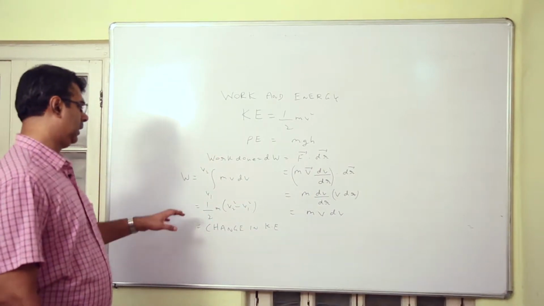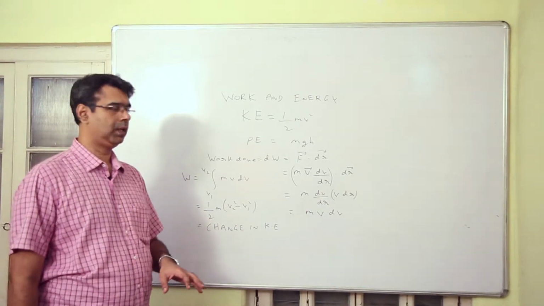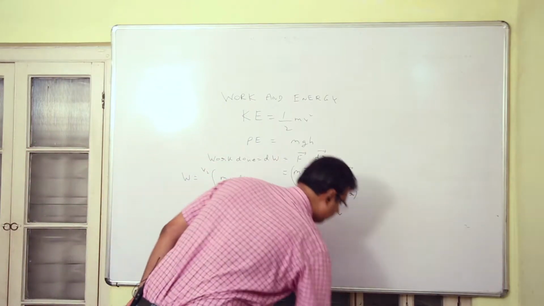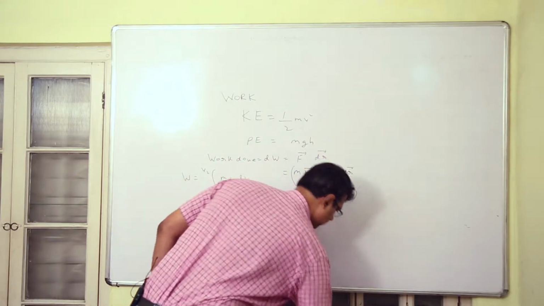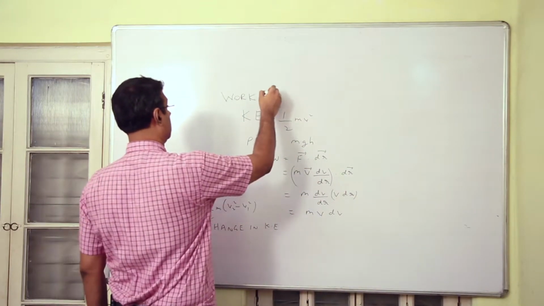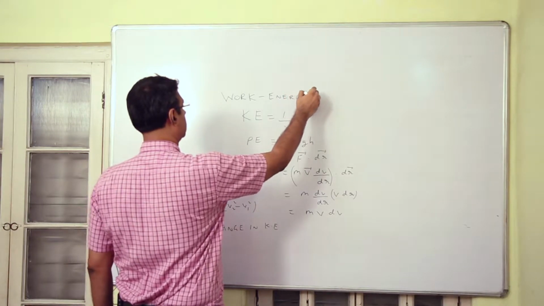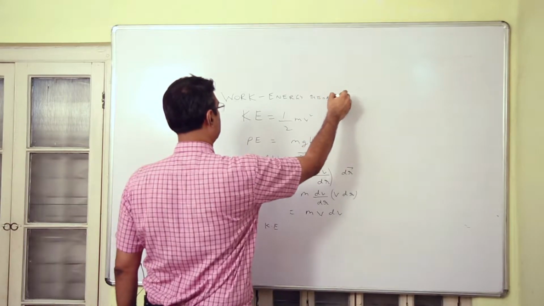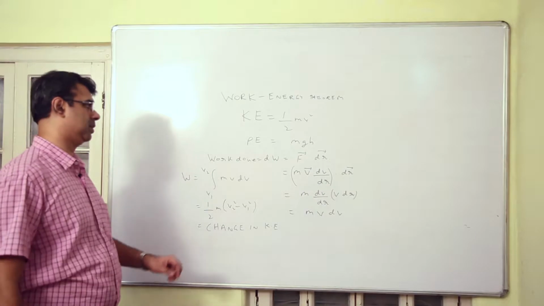Now whatever we have established is actually a theorem. This theorem is called work energy theorem, and perhaps you have been introduced to this theorem in lower classes, but now we will formally understand what this theorem says.